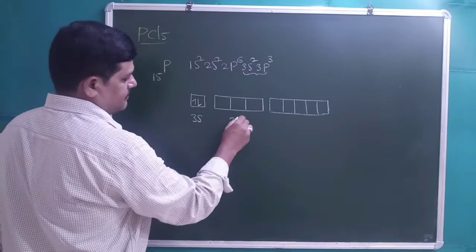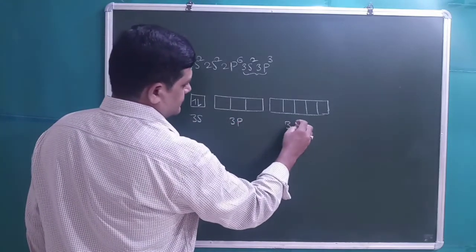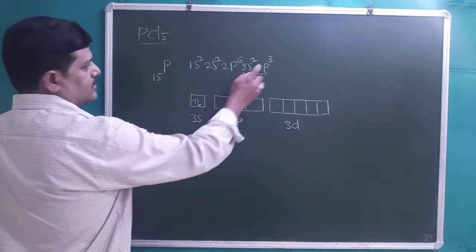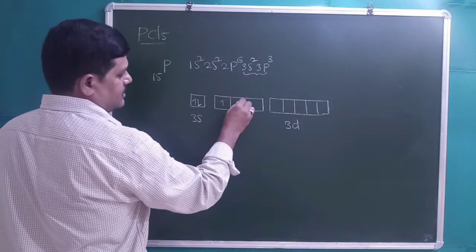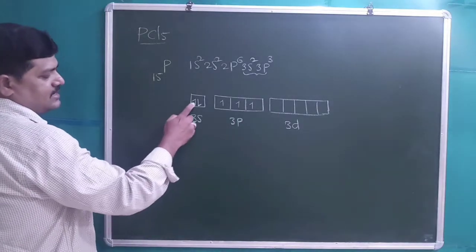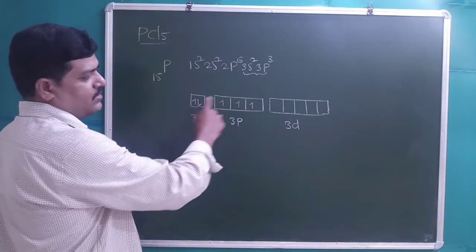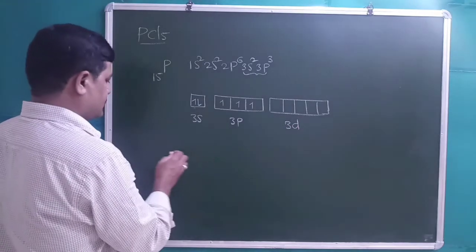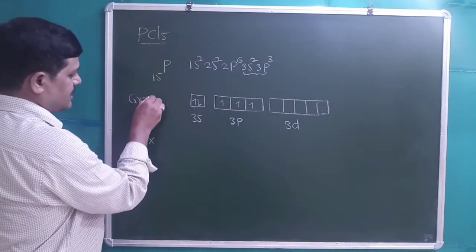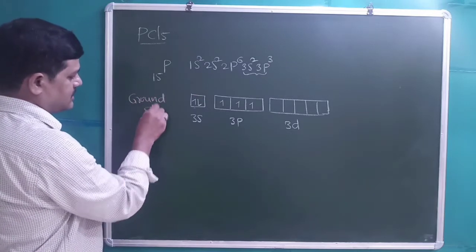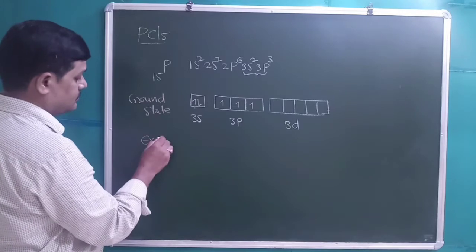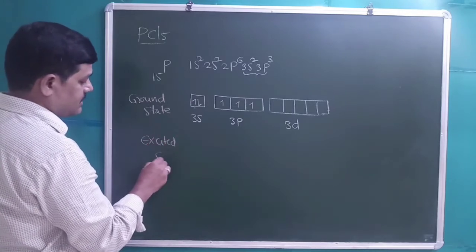Now 3p is having 3 electrons, 1, 2, 3 electrons, right? This is called the ground state electronic configuration. In the excited state, the 3s electron will jump into the 3d orbital.